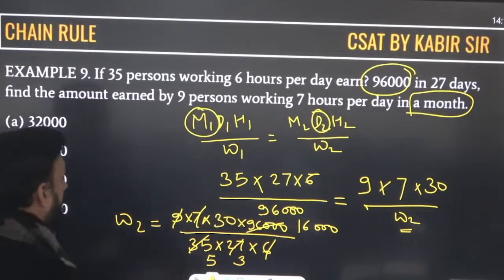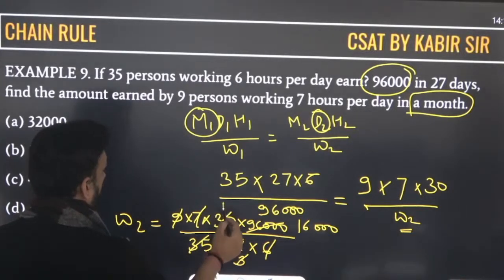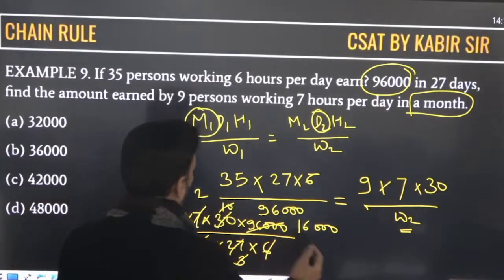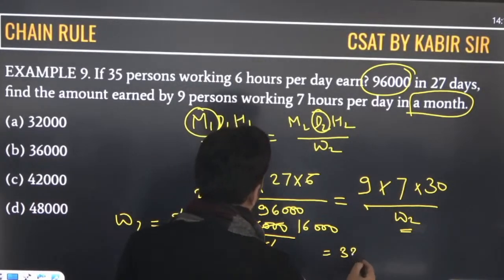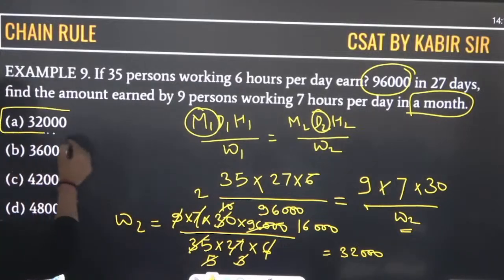This 3 will cancel. 15 into the answer will be.